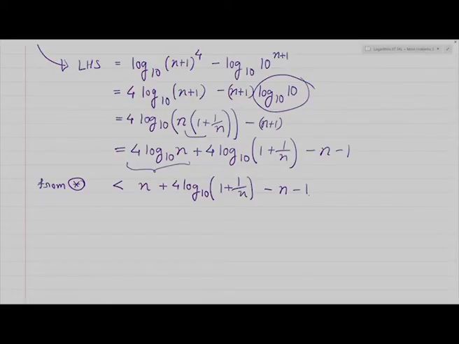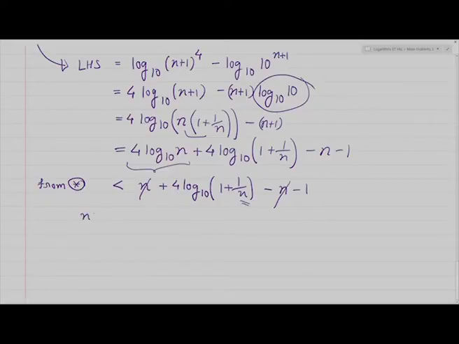What will happen now? This n gets cancelled with the other n, isn't it? Now I have not yet used the value that n is greater than or equal to 2. Can I use it now? So let us see.